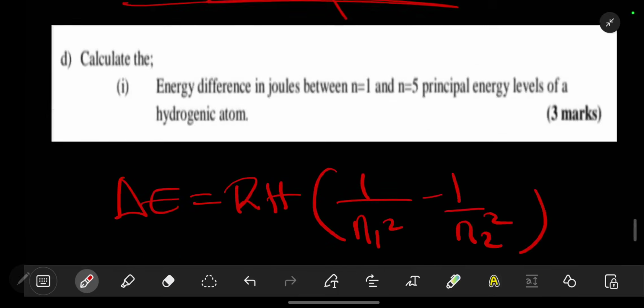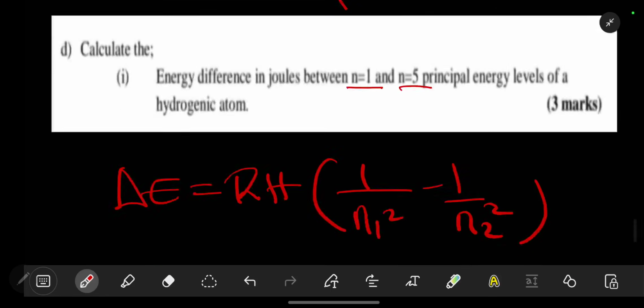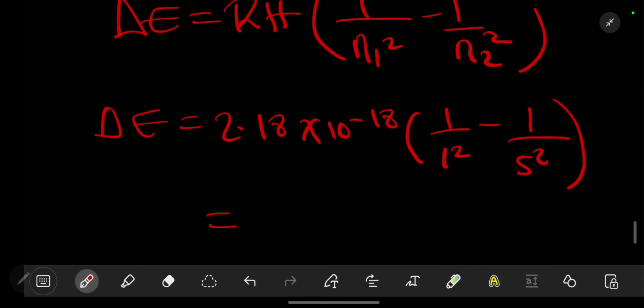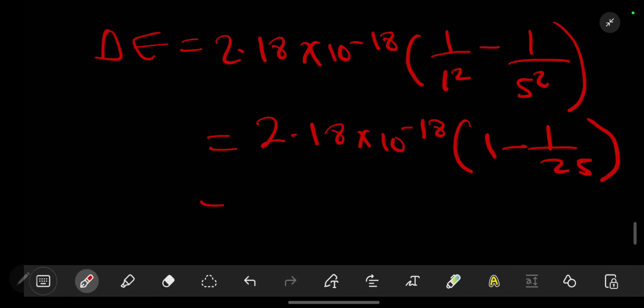The question is not saying whether it's moving up or down, they are just saying the energy difference. So we put 2.18 times 10 to the power negative 18, then 1 minus 1 over 25.